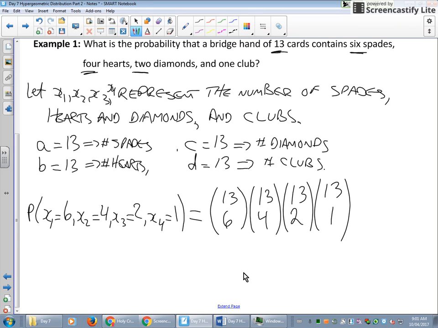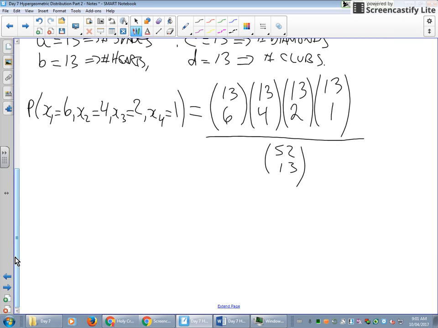All of those cards add up to 13, so that's our 13 card hand. That's the number of ways I can successfully draw 6 spades, 4 hearts, 2 diamonds, and 1 club. And then the total number of ways that I can draw my 13 card bridge hand: there are 52 cards in the deck, choose 13. When we do that, it comes out to 1716.